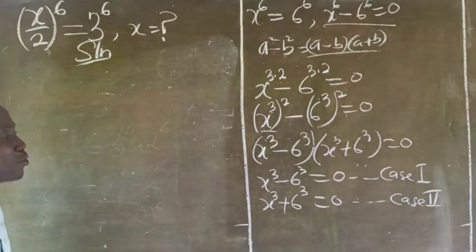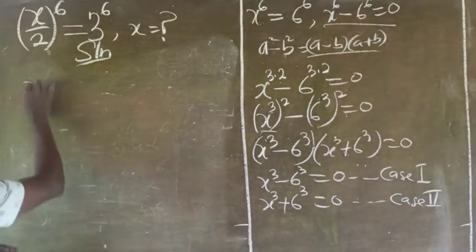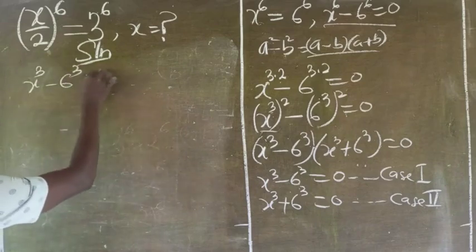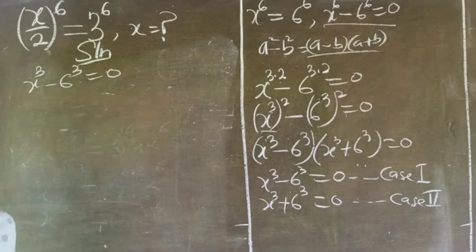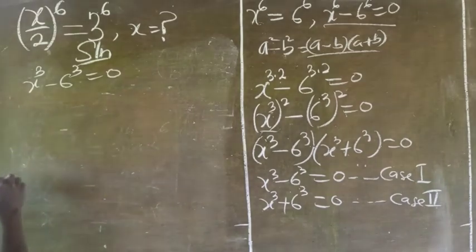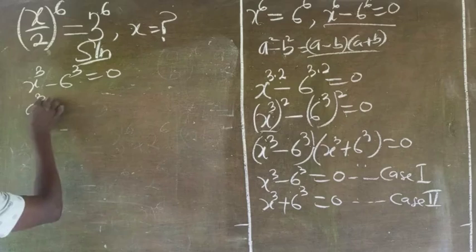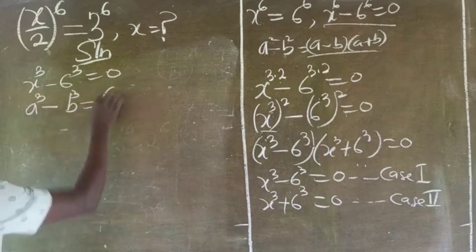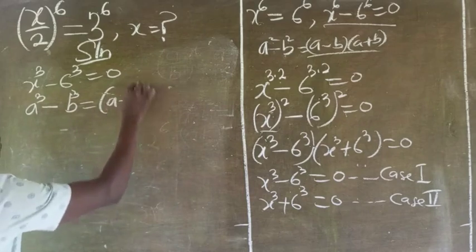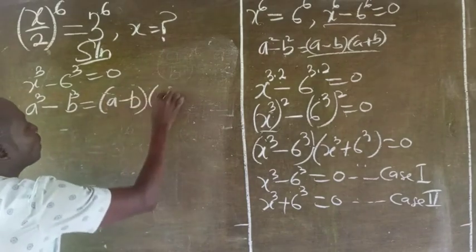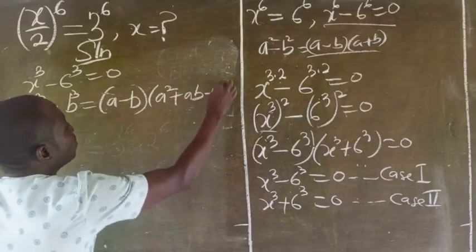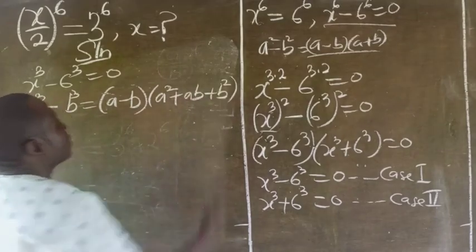So from our zero product rule, we have case 1 to be s raised to the power 3 minus 6 raised to the power 3 equals 0. But we have another identity that says a raised to the power 3 minus b raised to the power 3 is the same thing as a minus b times a squared plus ab plus b squared.